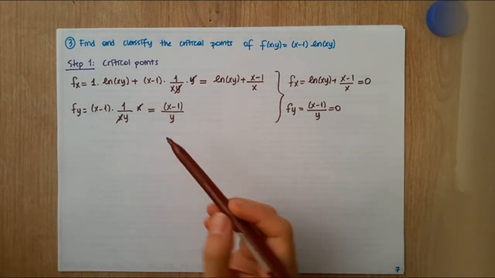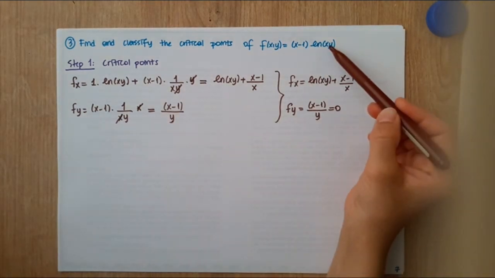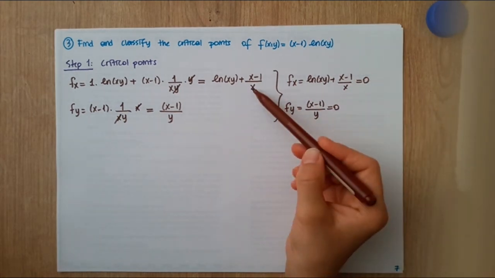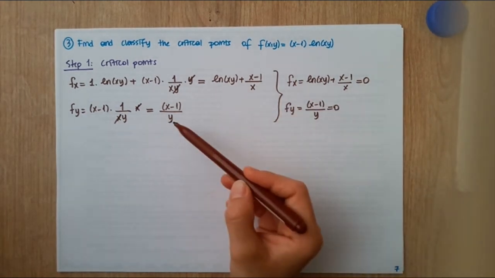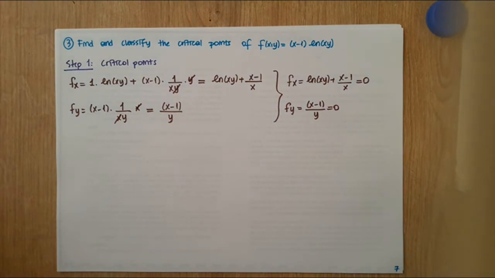And similarly, when y is 0, we have again natural logarithm of 0. So if x is 0 and y is 0, you may think that we may have a critical point here, but they are not in the domain of the function. So because of that, they are not critical points. Okay, critical point is a point in the domain. You should be careful about that.